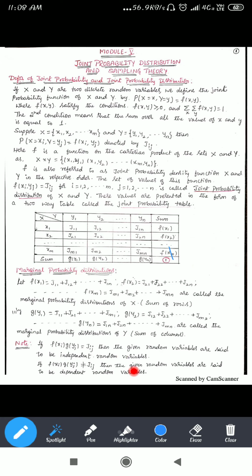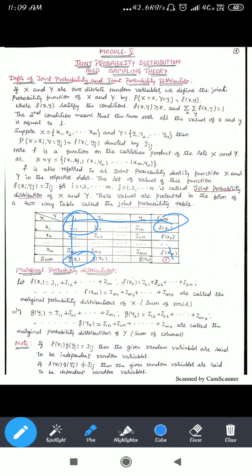Next, you should know what is an independent random variable and a dependent random variable. Students, if you multiply f of x1 into g of y1, you should get j11. Am I right? See, this is the row and this is the column. It is nothing but jij.